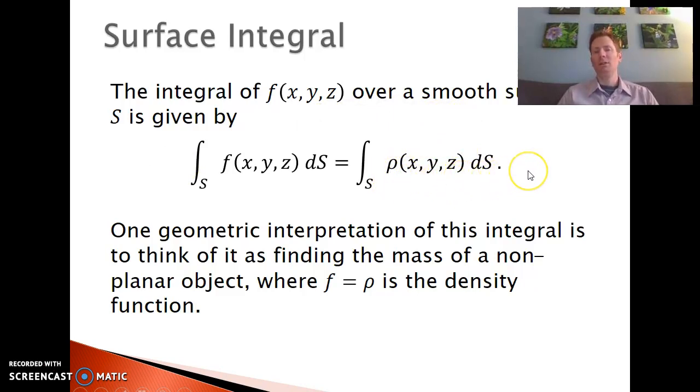Then you could interpret the value of this integral to be the mass of a non-planar object, where rho is the density function. So rather than the mass of something lying in the xy plane, we can now find the mass of something lying anywhere in space, as long as it is a smooth surface.